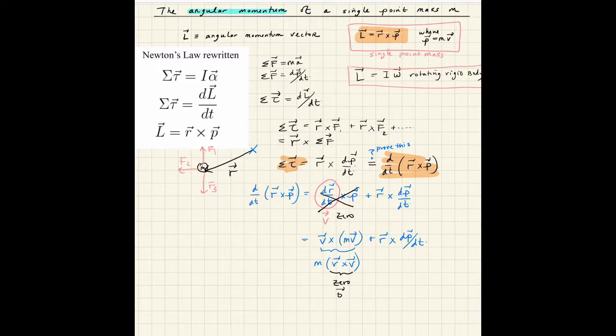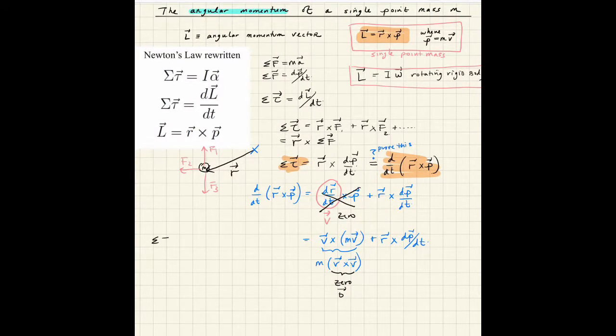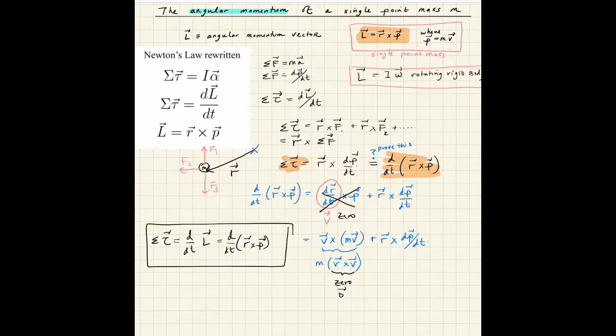So really, at this point, we're defining the angular momentum of a point mass right now. Now this is also equal to I times alpha.